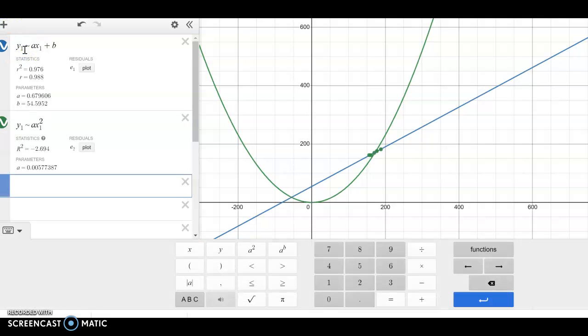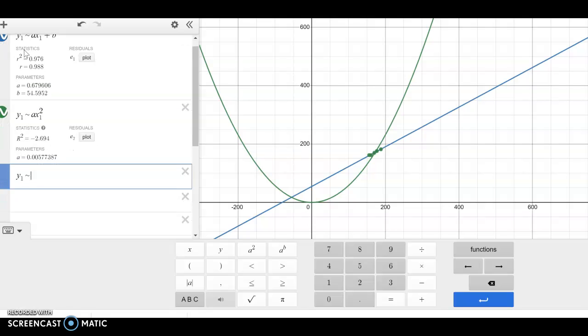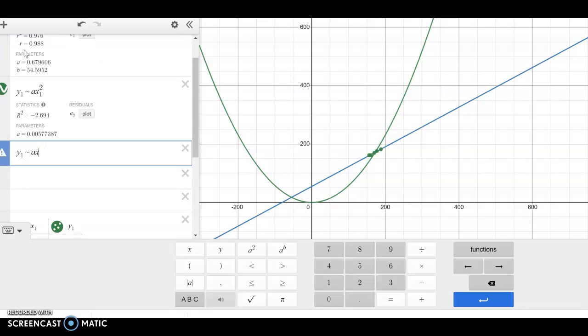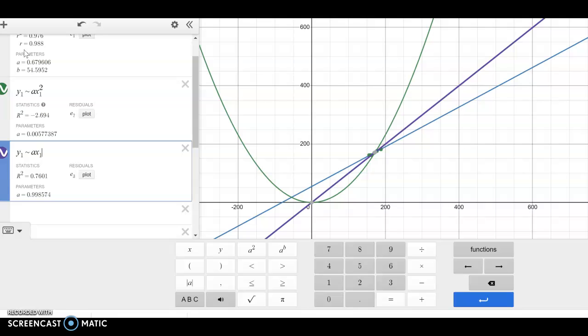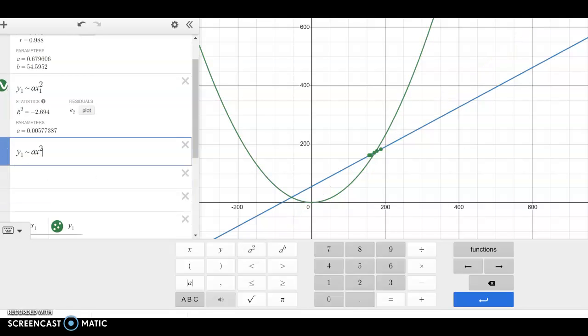So I could say y1 squiggly a, let's see, inverse. So that would be x1, and then I could choose square, but it's not squared.